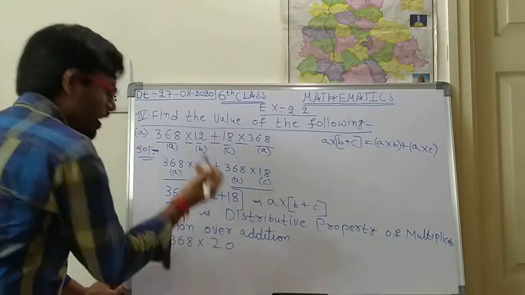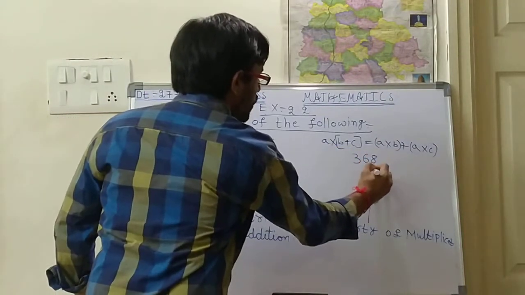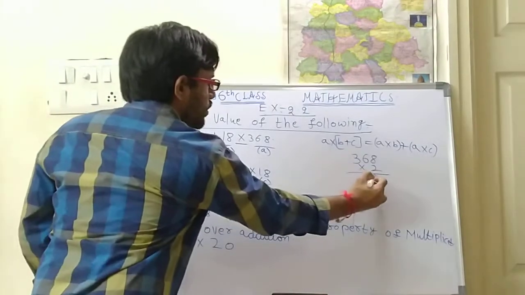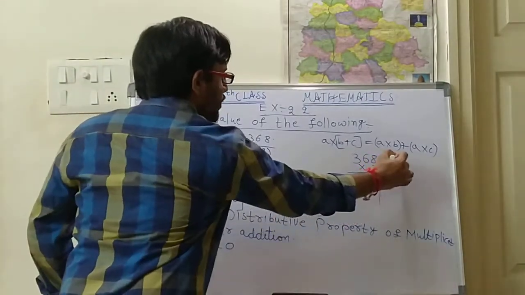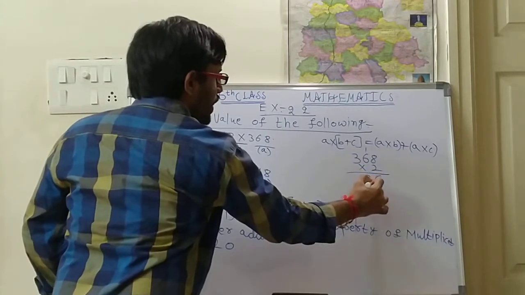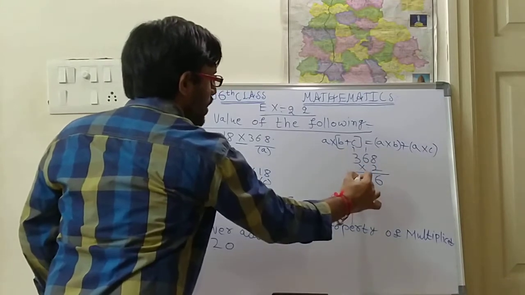Now 368 into 2. So what is 368 into 2? You just take the multiplication in rough. 368 into 2. So 2 8s, 16, 6, 1. Next 2 6s, 12, 12 plus 1, 13, 3, 1. Next 2 3s, 6, 6 plus 1, 7.